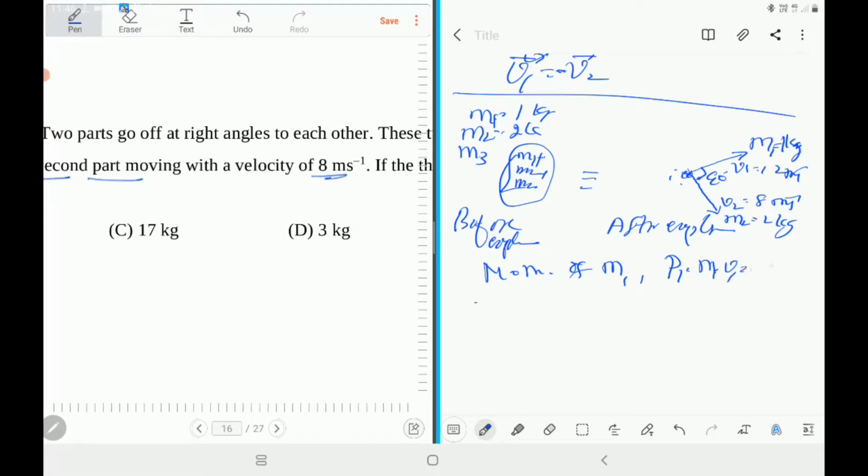What is M1 V1? 1 times 12, 12 kg meter per second. And what is momentum of mass M2? That you write P2. That is M2 V2. What is M2? 2. V2, 8. 16 kg meter per second.